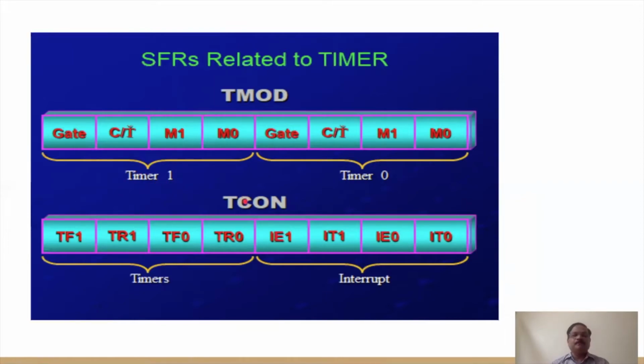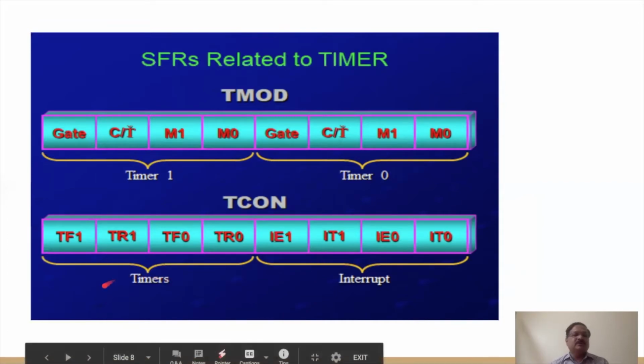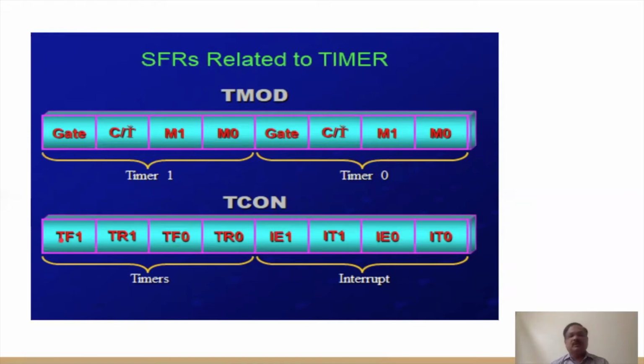Similarly, here the TCON register, the lower 4 bits are actually used for the interrupts. Now here the higher 4 bits, TR0 and TF0 correspond to timer 0, TR1 and TF1 correspond to timer 1. TR means timer run control bit, and TF is the flag bit. Whenever TR is set, it is mainly used to issue the start command to the timer.